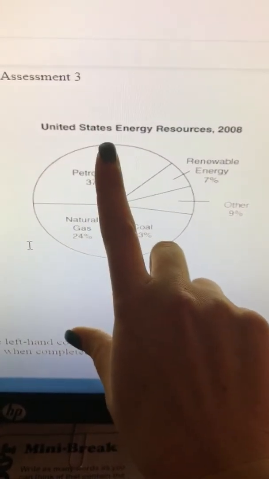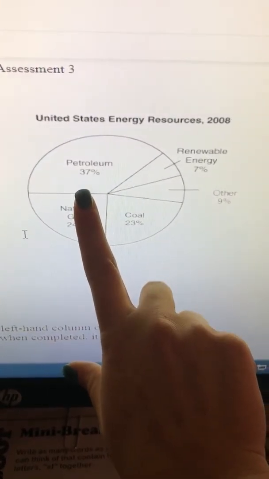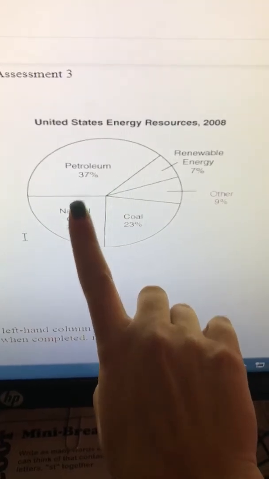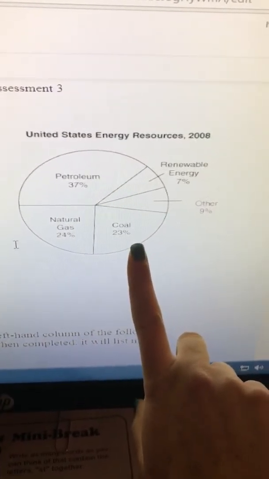Number 12. The graph above shows the sources that were used to generate energy in the United States in 2008. According to the graph, how much energy was generated using fossil fuels in 2008? United States Energy Resources 2008. Petroleum, 37%. Natural gas, 24%.